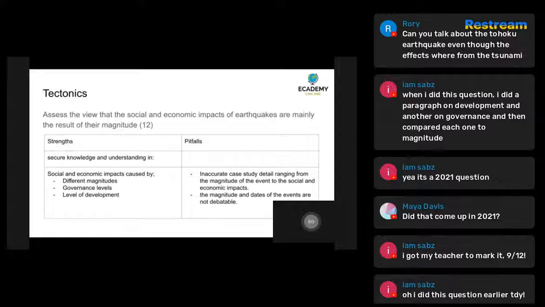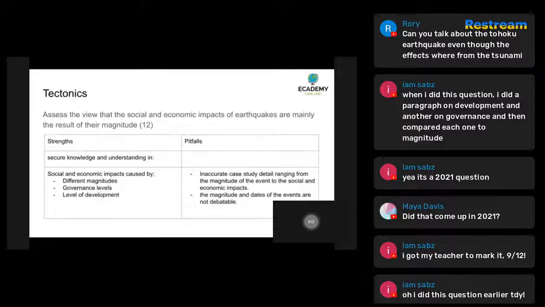Yes, of course, Rory. You can definitely talk about the Tohoku earthquake. Absolutely. And for that example, you can talk about the fact that the magnitude is very large. You can talk about that even though Japan had really good systems in place and governance in place, it was not able to mitigate the social and economic impacts of the earthquake itself.